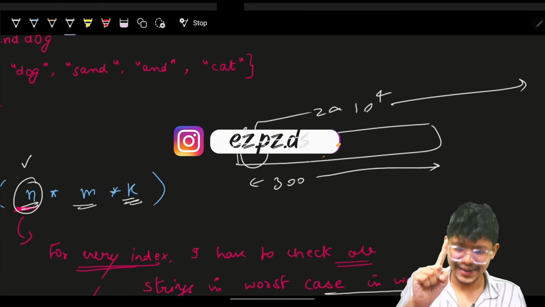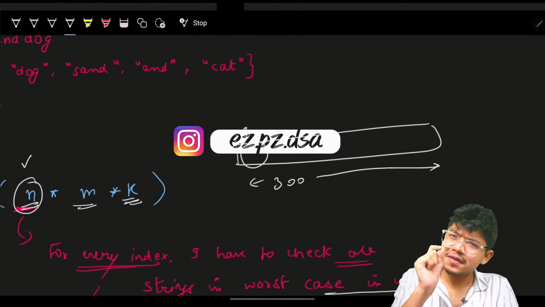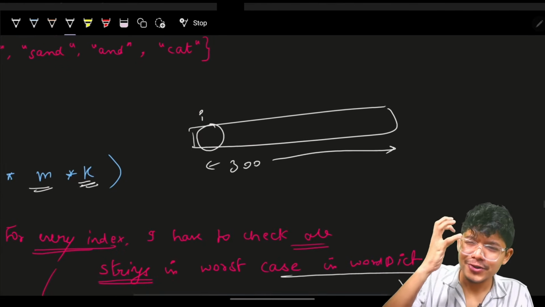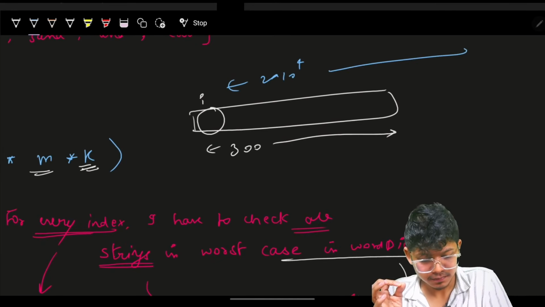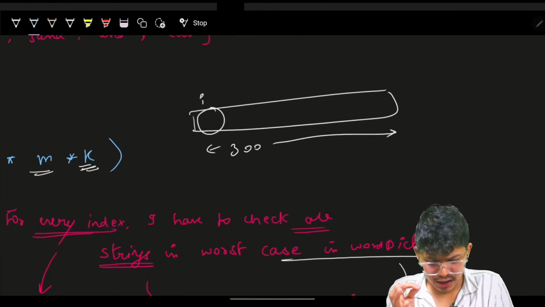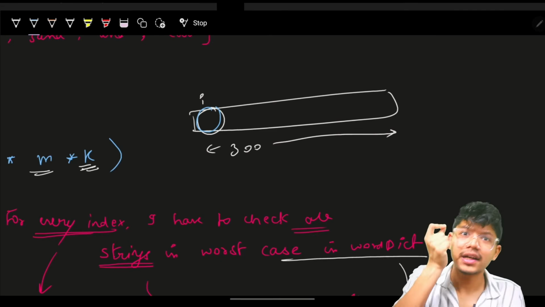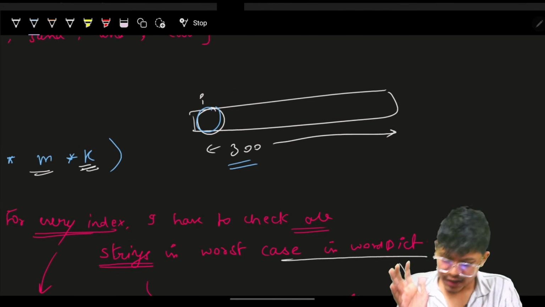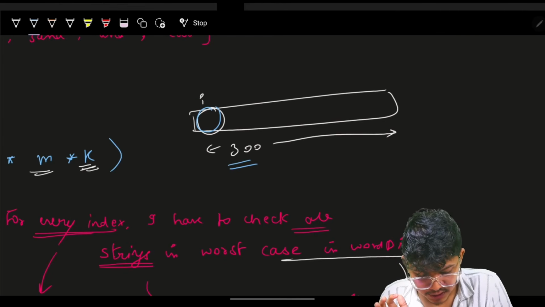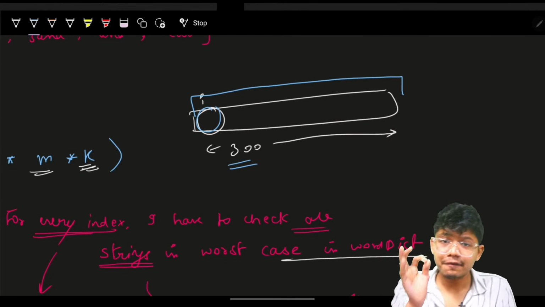I'm saying, just a second. If you're matching a specific word, why are you doing a comparison of 2 into 1e4? If you're matching at a specific character right here, the maximum length can be 300, so why not make the maximum comparison of length 300?